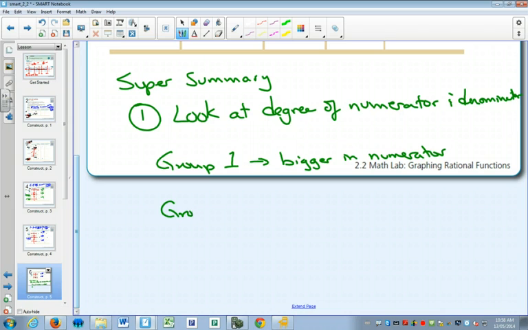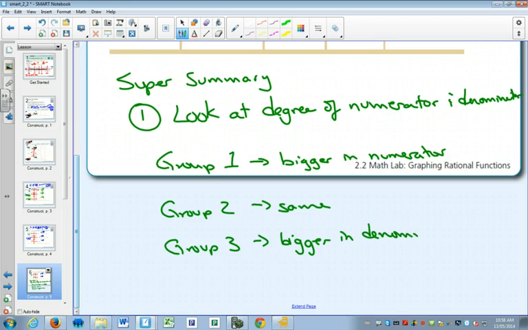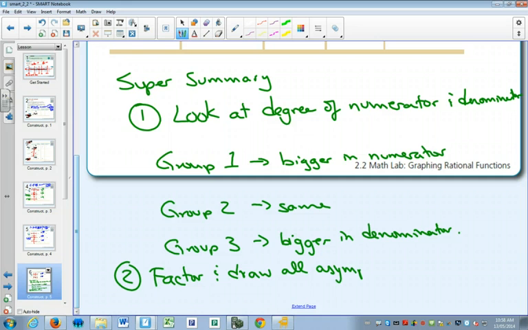Group 2, they were the same. And group 3 was bigger in the denominator. That's the first thing you're going to do. Second thing, you're going to factor and draw all of your asymptotes and holes.